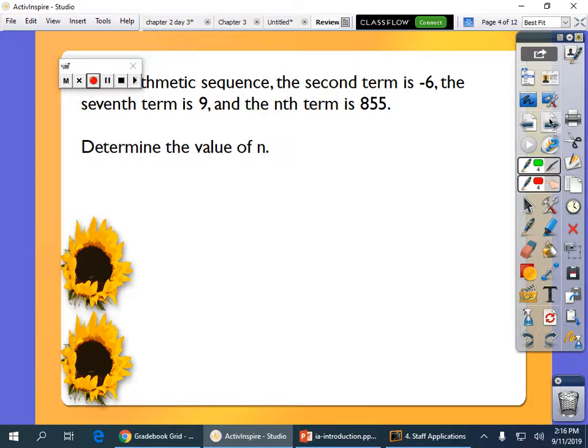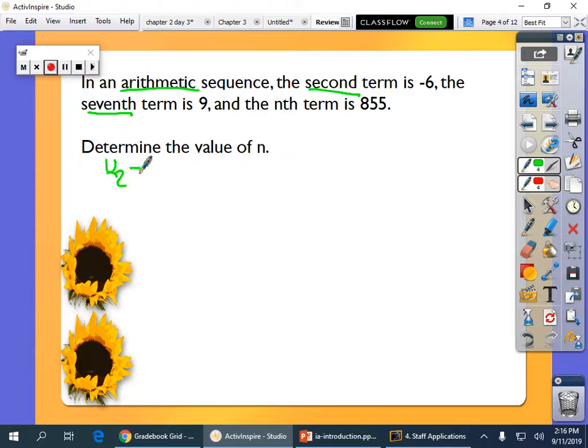Okay, I should be on number 4. Okay, arithmetic. Second, seventh. So I'm going to start with U2 equals negative 6, U7 equals 9, UN equals 855.